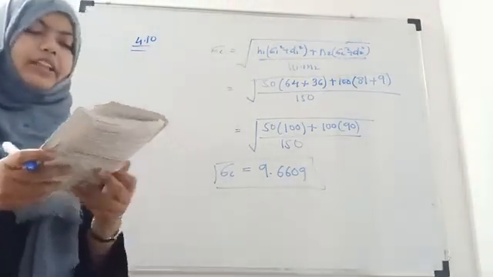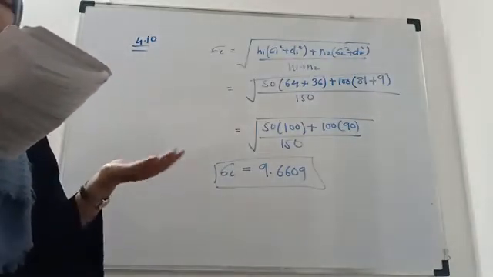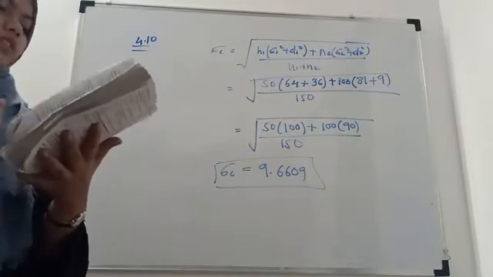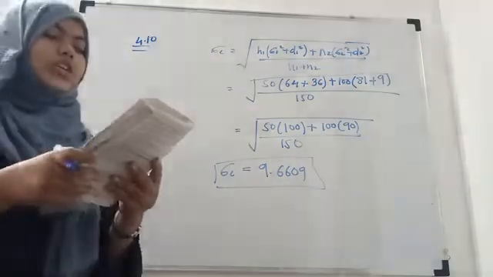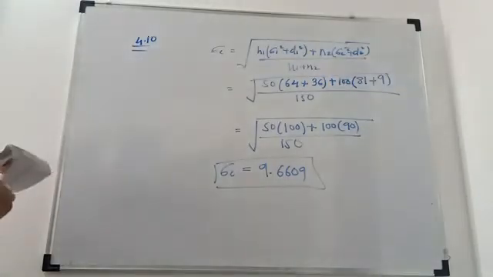Now we will take another example where the combined mean is given, and another thing is unknown to us, that we will see. It is problem number 7, page 4.11.